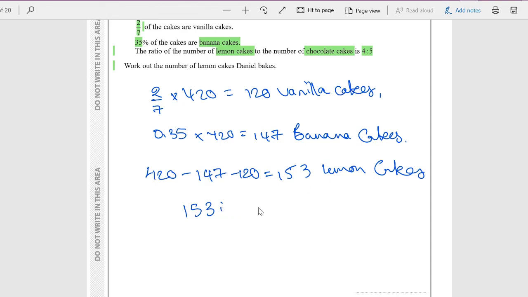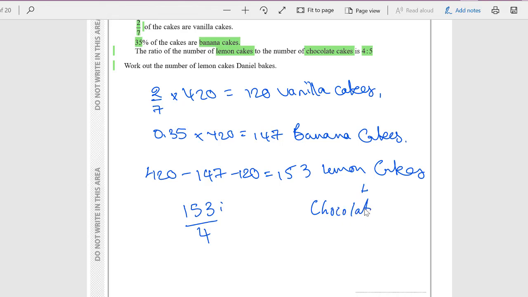So I can say the number of lemon cakes and chocolate cakes is 153.